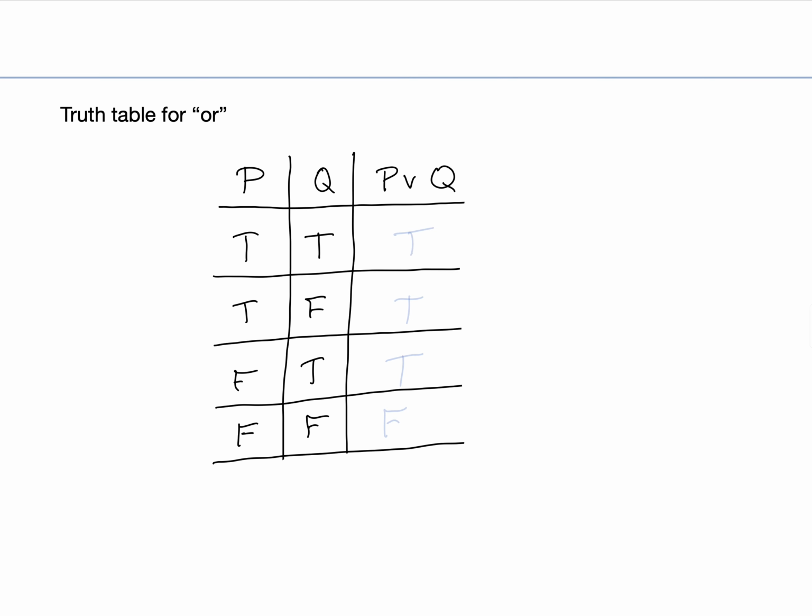If P is true and Q is true, then is it the case that P or Q is true? Yes, again, we're talking about inclusive or. So if P is true or Q is true or both are true, then we say that P or Q is true. Here, P is true, so yes, immediately true. Q is true, P or Q is true, yes. P is false and Q is false, no, P or Q is not true.